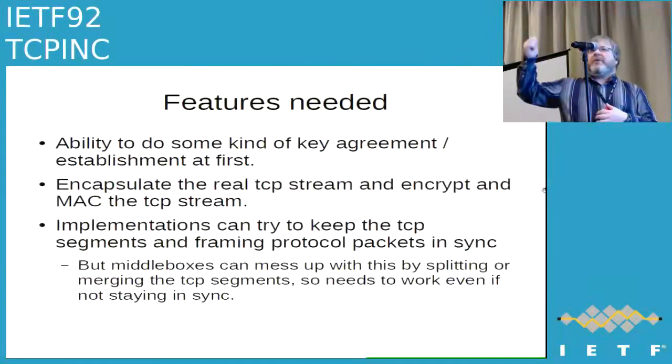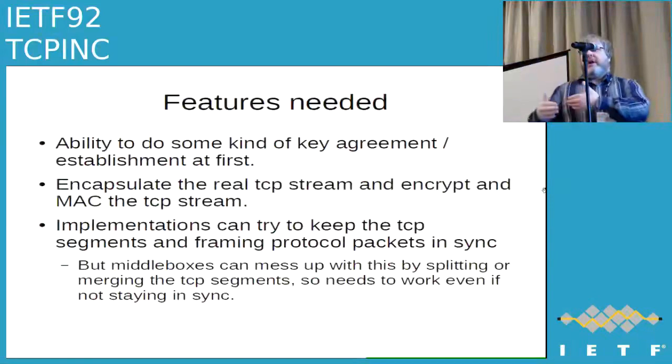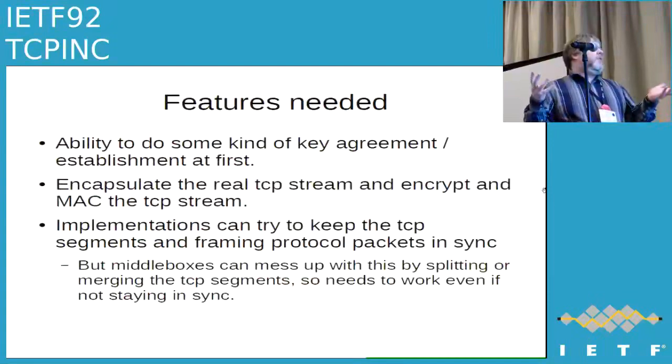And then we need to have some method to encapsulate the real application layer data. If you do it in a kernel-based implementation, you can try as well as possible to keep the TCP segments and the record layer segments the same, just for performance reasons.